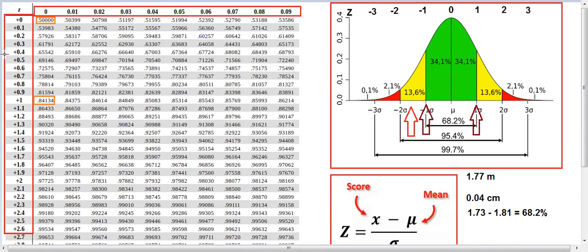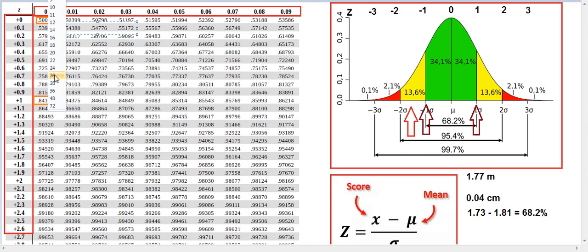This number 0 is the main number up to the first decimal place, and here are the numbers for the second decimal place. So in this example, 0.0 and 0 represents the number 0.0. That's the meaning of it.